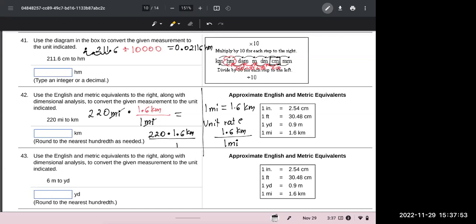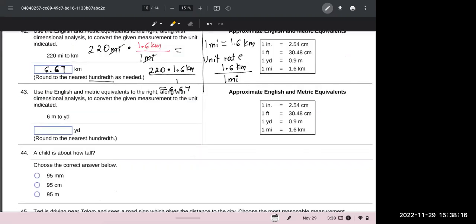So the solution will be 6.67 kilometers. And of course, always pay attention to how they want you to round it. Round to the nearest hundredth, so I keep 2 numbers after the decimal.